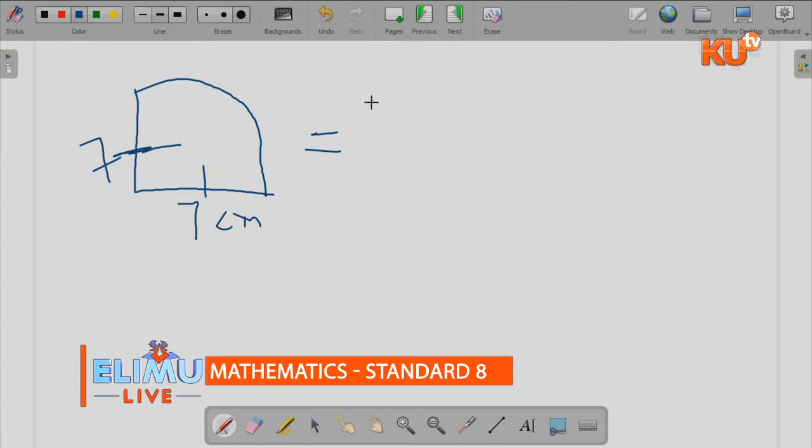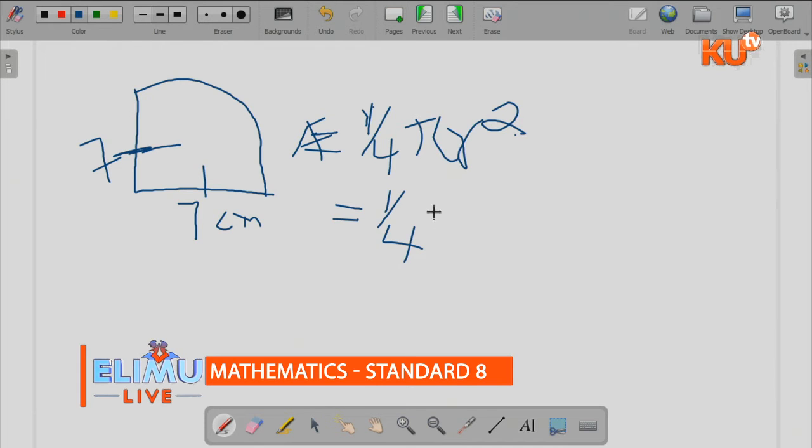You say area of a quarter circle is equal to a quarter pi r square. Then you say a quarter times 22/7 by 7, where 7 is radius, not diameter.